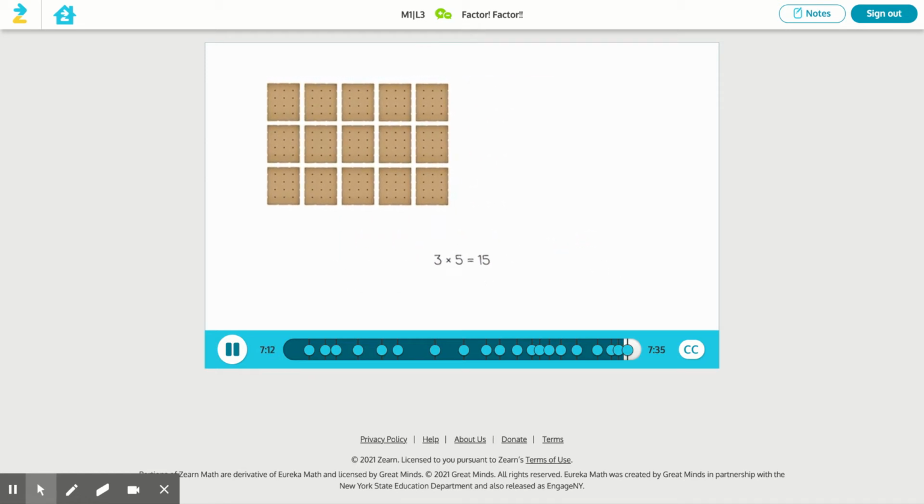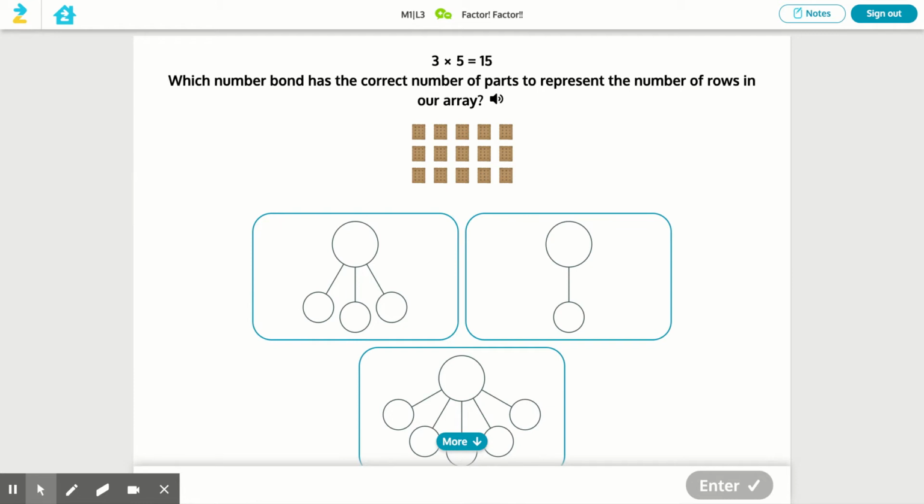Now let's represent the array and equation using a number bond. Okay, so now we're going to represent this using a number bond. Remember, the number of bubbles that comes off of our number bond is represented by the number of rows that we have.